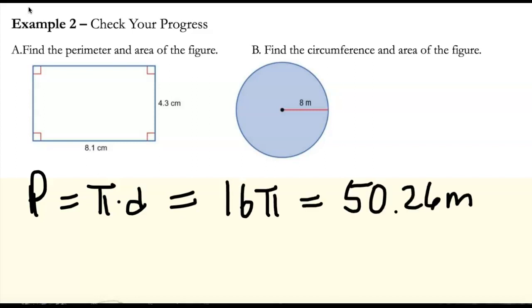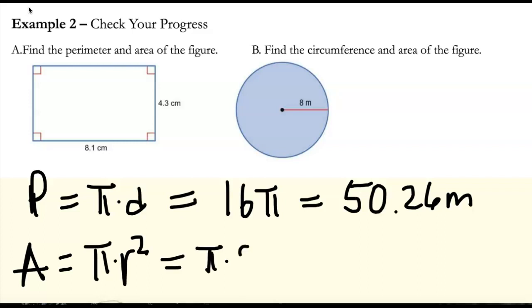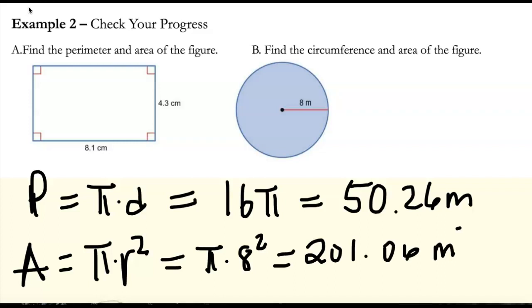And we'll just say meters. And then to do the area, that is going to be pi times the radius squared. So that's going to look like this, pi times 8 squared. So 8 squared is 64, 64 times pi. And again, since we're using meters, this would be meters squared.